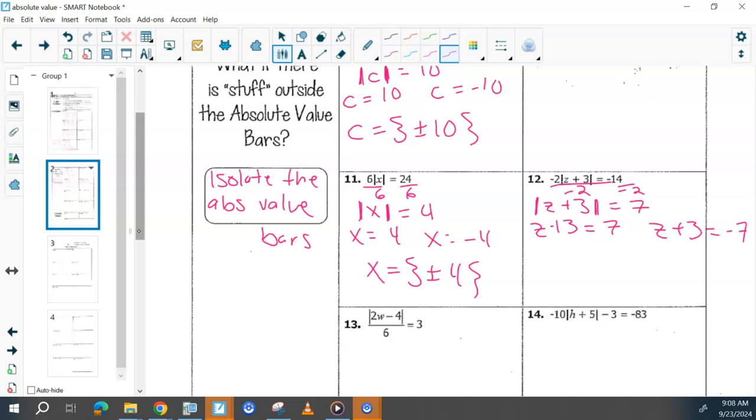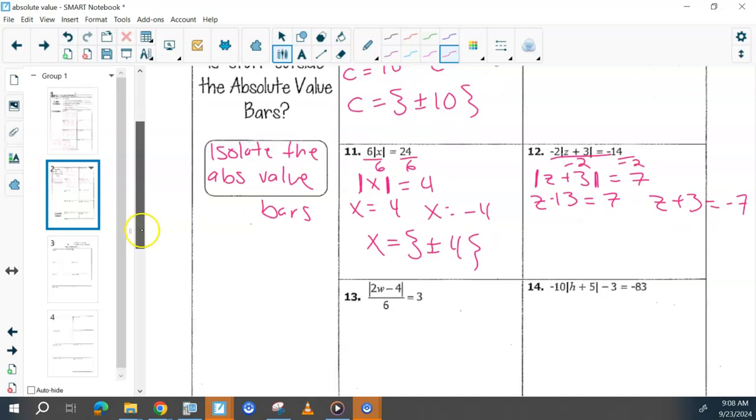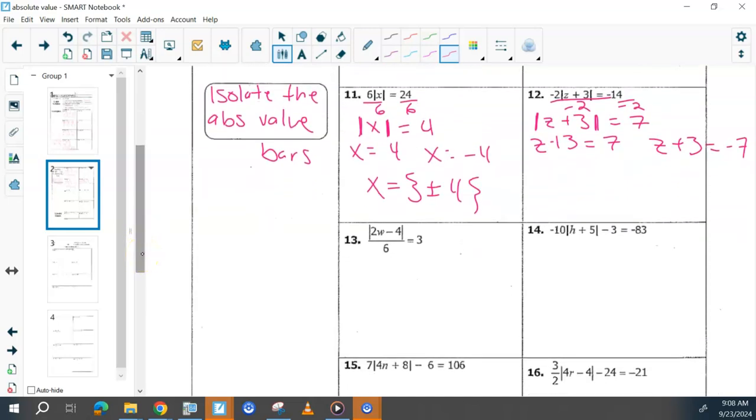And now we can solve by doing what? Not adding, but subtracting. So z equals what two numbers? Say the first one. -4.